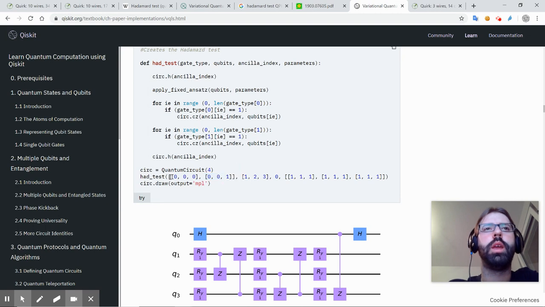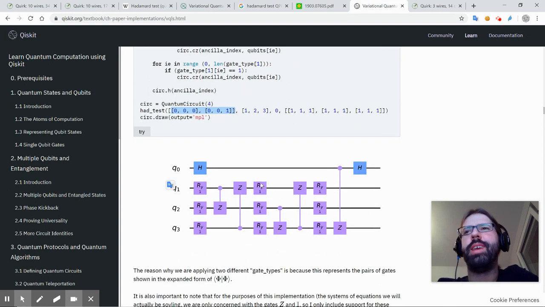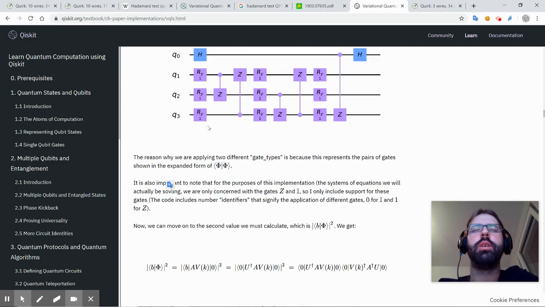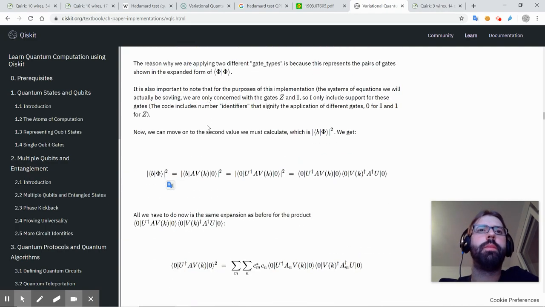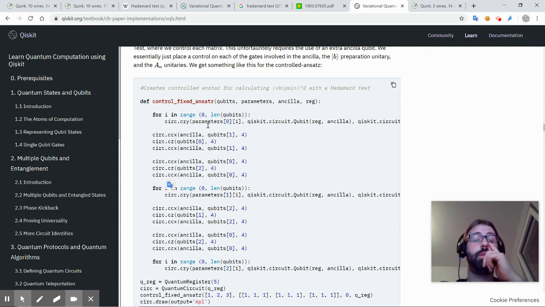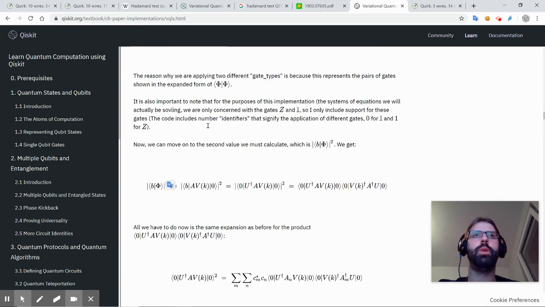Oh no, wait a second. Gate type is the whole thing. Gate type is these, okay. Ah, okay, I get it. This is just a generator block. For this beast in here, is it? No. Where are these used?